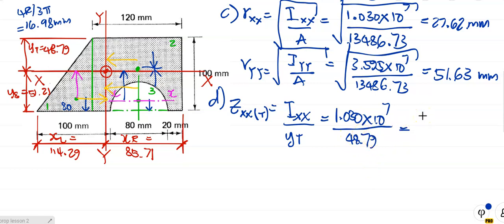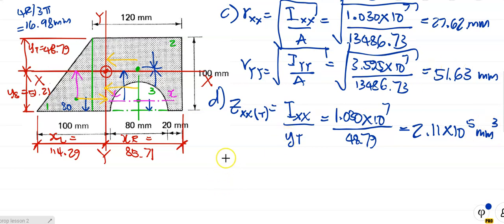I'm going to give the answer in scientific notation. So it is 1.030 exponent 7 divided by 48.79. It is 2.11 times 10 to the power 5 millimeters cubed. It's a volumetric dimension, but it is not a volume.